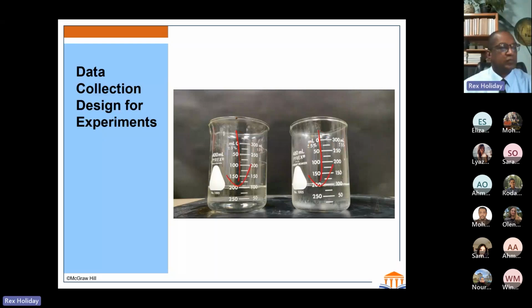For example, we could measure how long it takes each to reach 250 milliliters. Then we can take a second measurement to see how long it takes that baking soda and vinegar to fall to 125 milliliters.